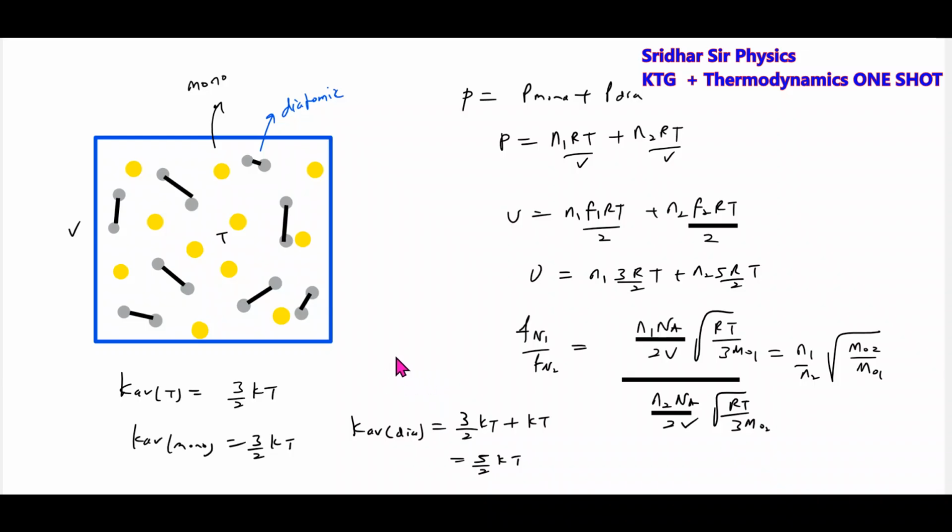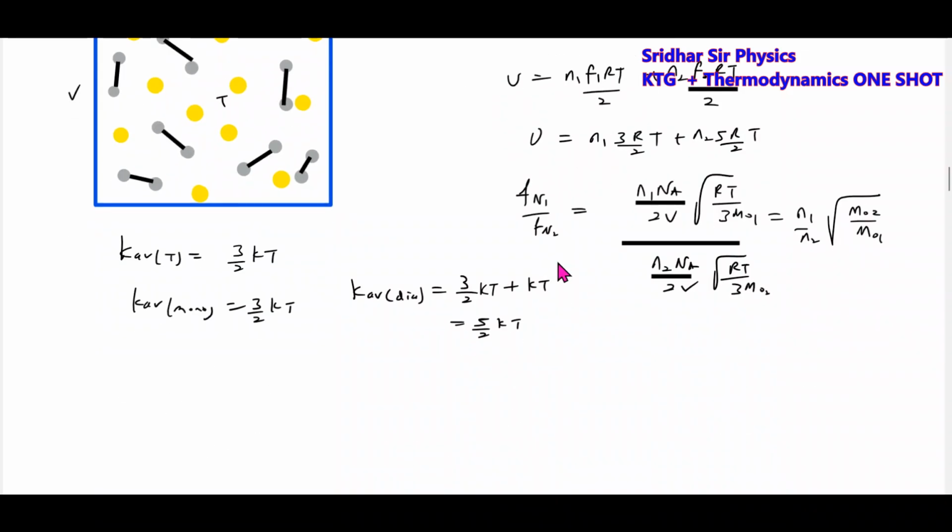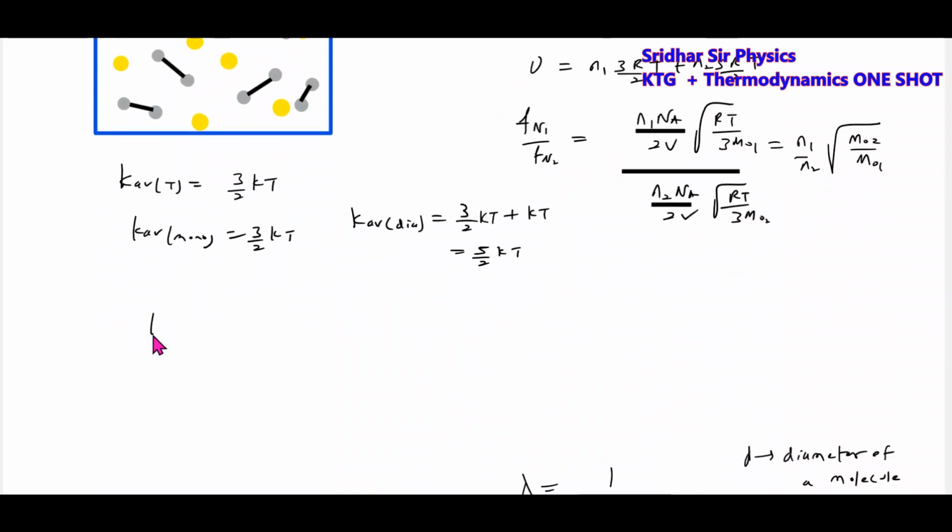So for any gas molecule, the average translational kinetic energy per molecule will be 3 by 2 kT. Per mole it will be 3 by 2 RT. Now these formulas you should remember, very, very important. To summarize, average translational kinetic energy is 3 by 2 kT per molecule and 3 by 2 RT per mole.